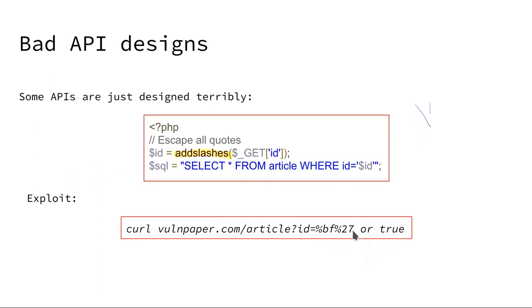Why would it work? Well, we can send arbitrary bytes if we URL encode them with this percent encoding, percent and then the byte value. Well, %bf, %27. %27 is a quotation mark, just URL encoded. %bf is just byte bf.